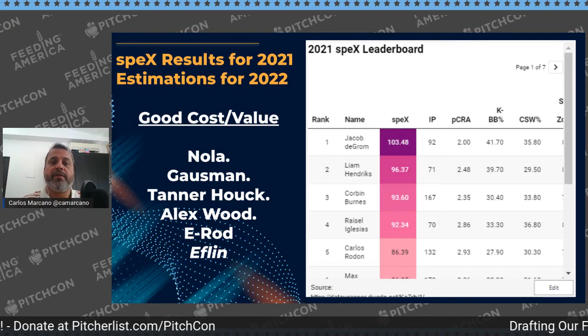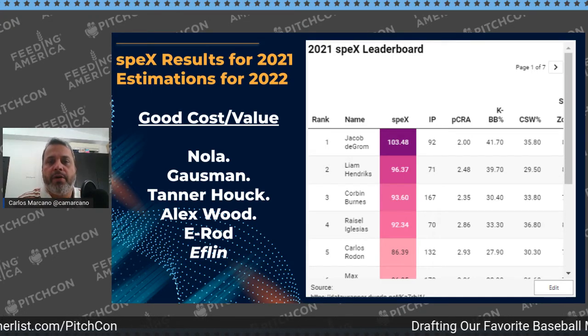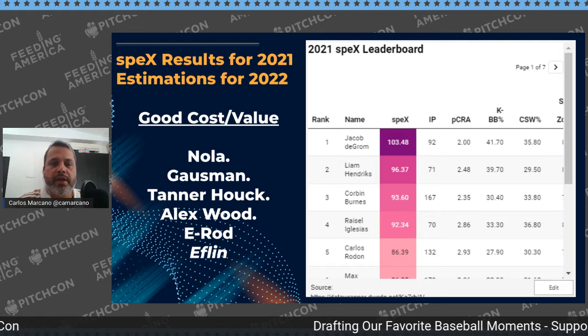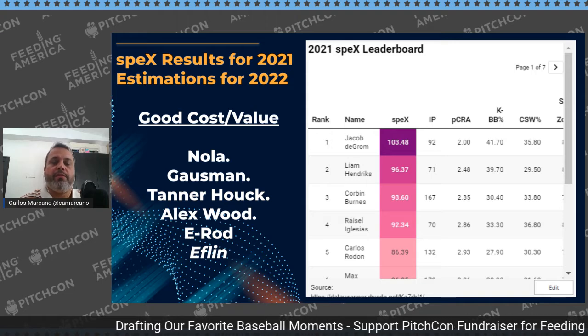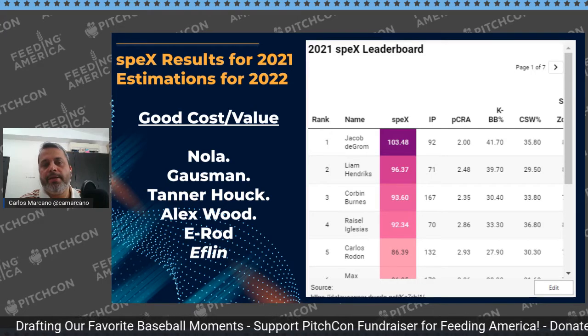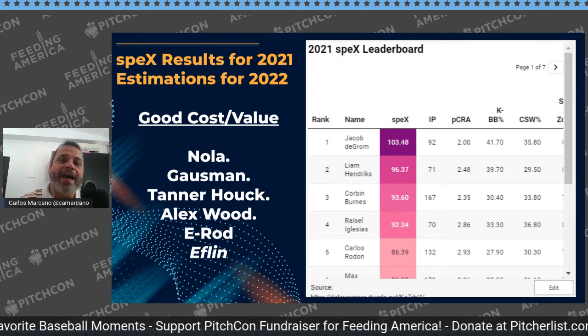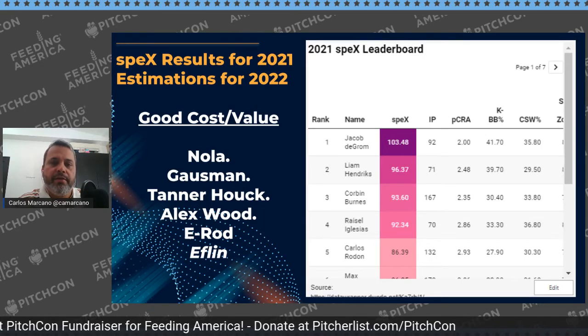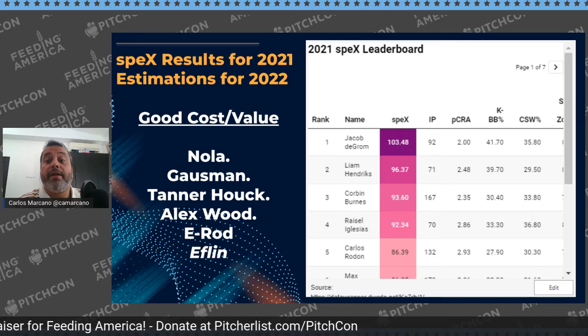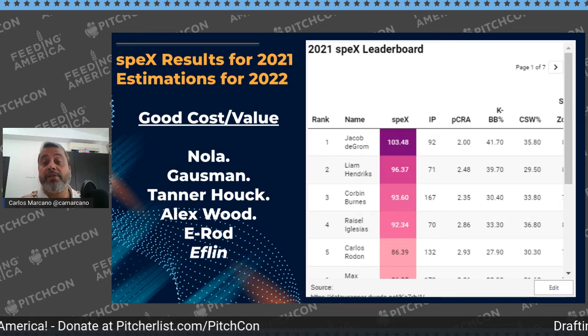Of course, we can confirm if we are going all the way in with guys like Liam Hendriks, because we can also use it with relief pitchers that had enough innings pitched last year, like Hendriks and Raisel Iglesias.